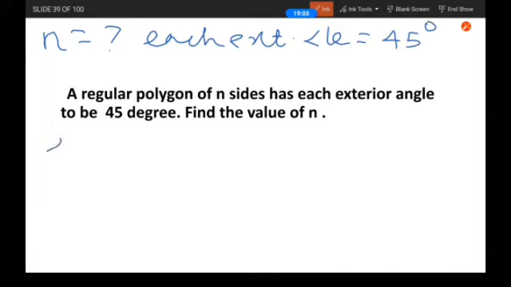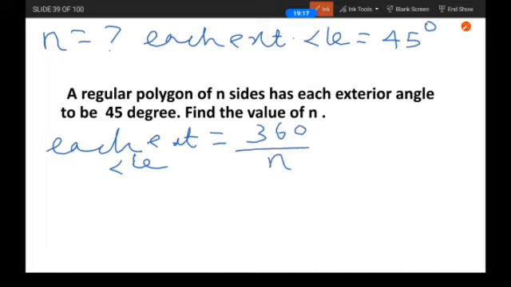So what do we do? We know that each exterior angle will be equal to 360 divided by n. And each exterior angle has been given as 45. So 360 over n equals 45. Cross multiply.